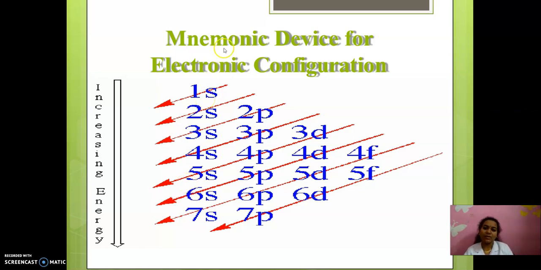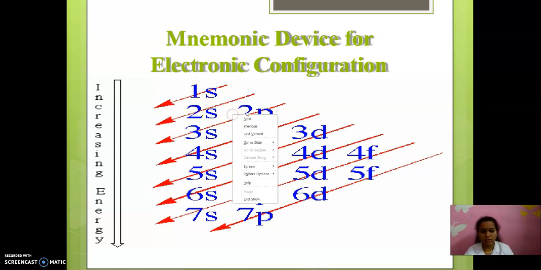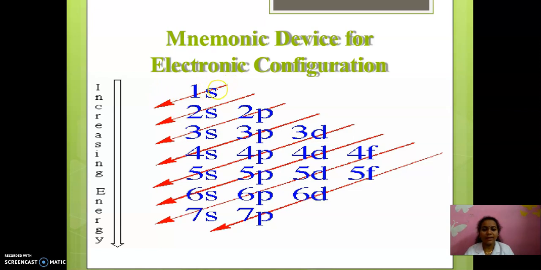How can we write the configuration? Here you can see this arrow is denoting this. First we have to draw diagonally. The first subshell electrons should be filled in increasing order of energy.